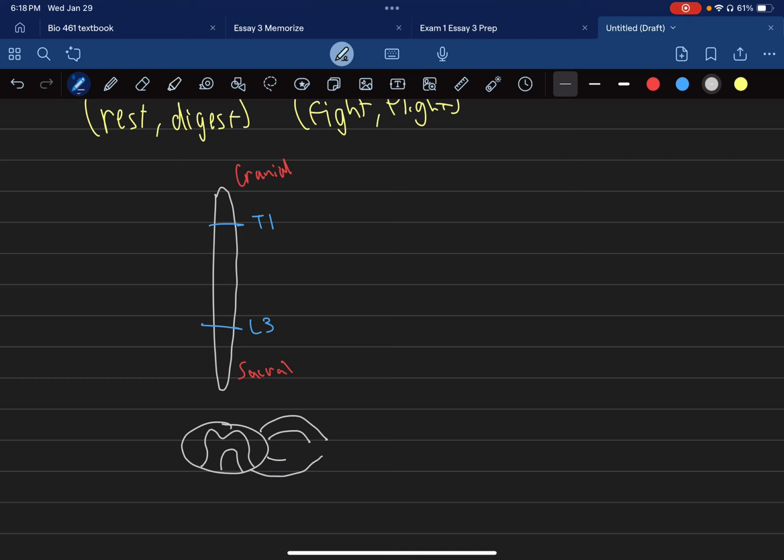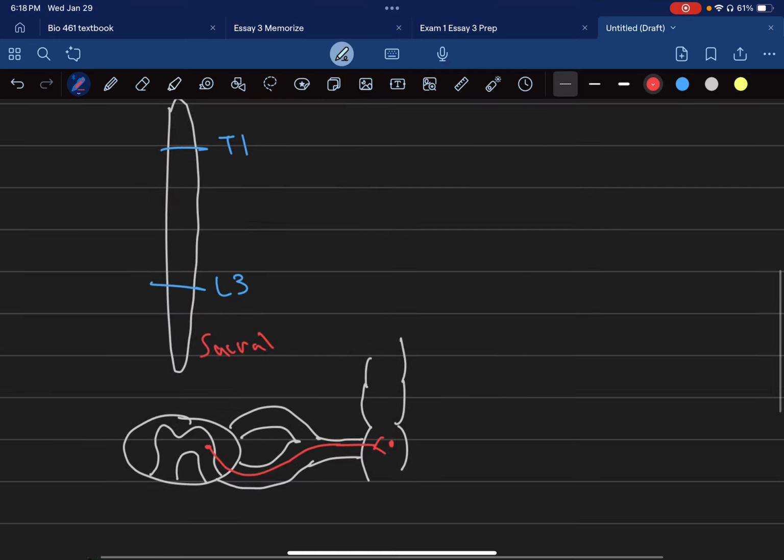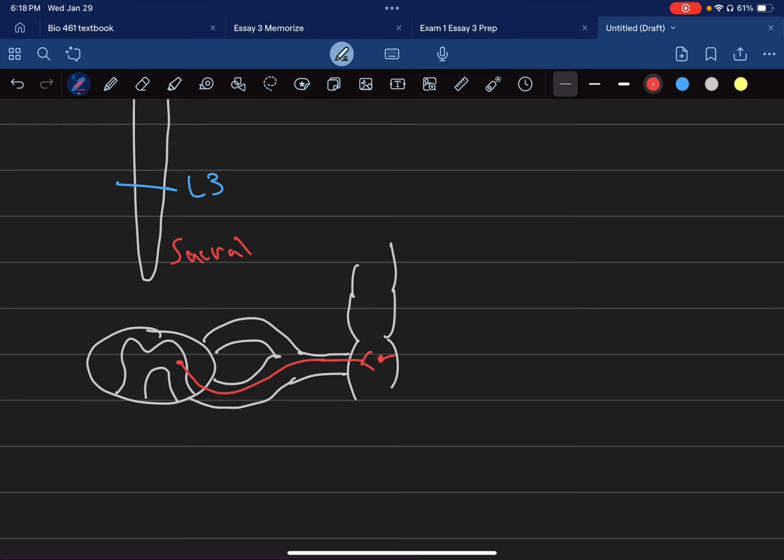It does have some exceptions, but usually it's going to originate here, come out, and once it hits this thing called the sympathetic chain ganglia, it's going to synapse with its postganglionic neuron, and then that neuron will go on to whatever structure it's going to be affecting. This is how it connects from the central nervous system to the effector.